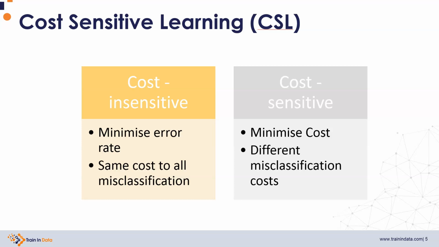So to summarize, cost-insensitive methods, which include most mainstream algorithms or off-the-shelf algorithms as we take them from scikit-learn, minimize the error rate, whereas cost-sensitive algorithms minimize the cost of misclassification.